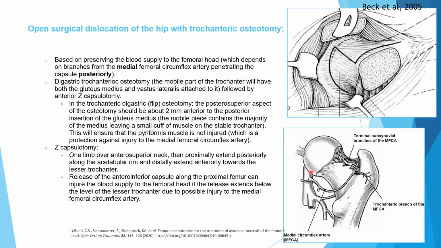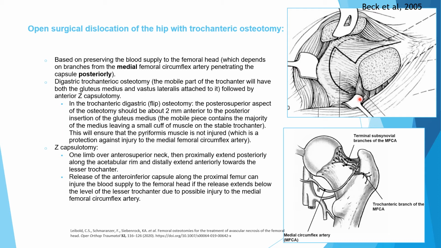It comes from the deep femoral artery, and then it passes posteriorly between the pectineus and iliopsoas, and then goes across the obturator externus, and then passes anterior or deep to the external rotator. In order for you to keep the blood supply, you need to make sure that the medial femoral circumflex artery is not affected.